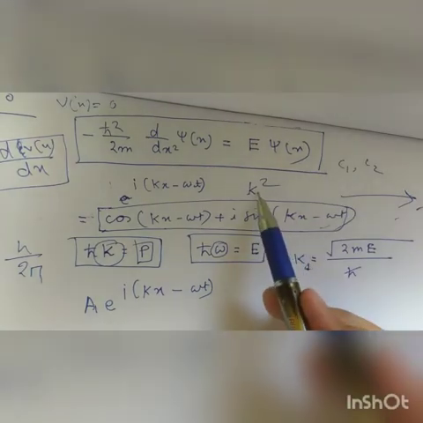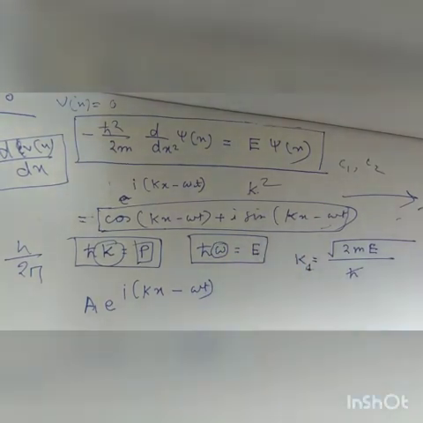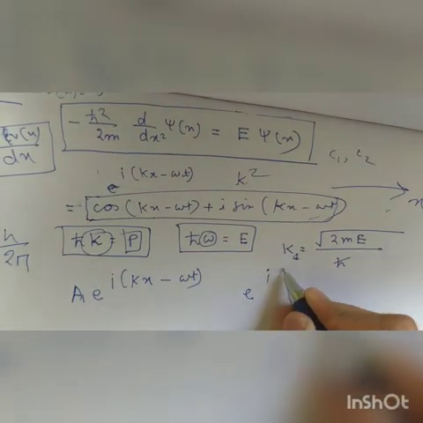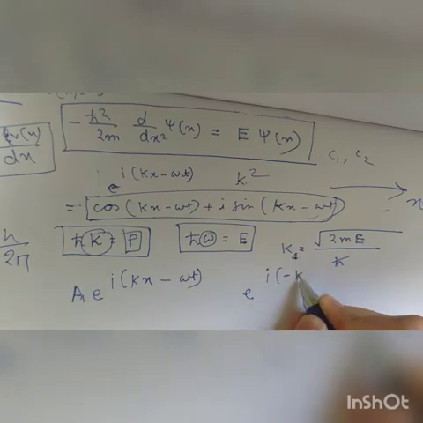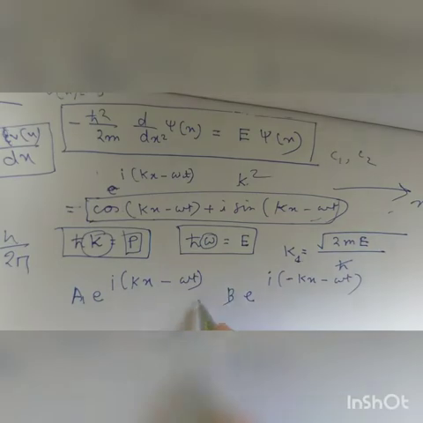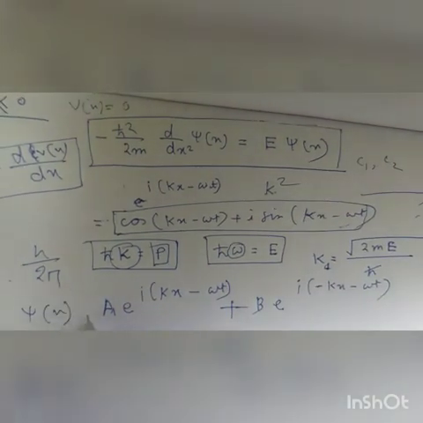So for k the sign is immaterial, and we find that e to the power i(minus kx minus omega t) is also a solution. We can write another arbitrary constant here, so that is the final solution.